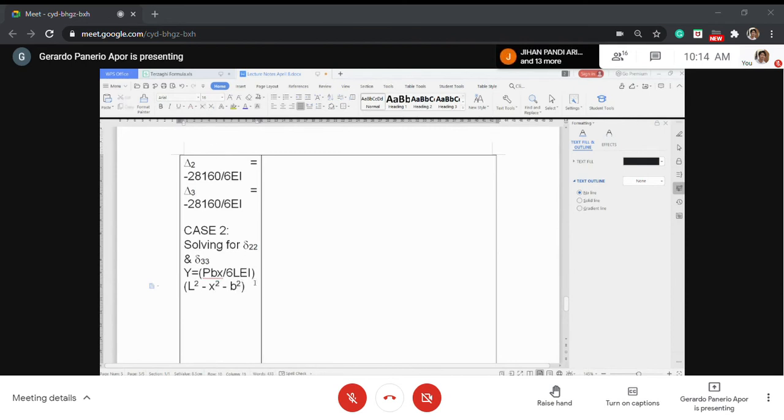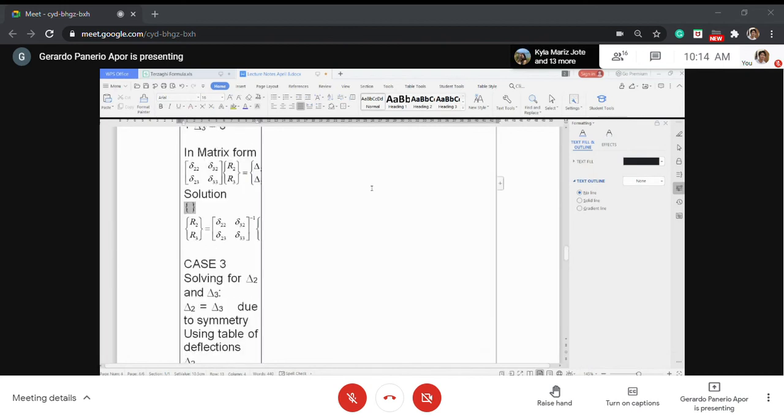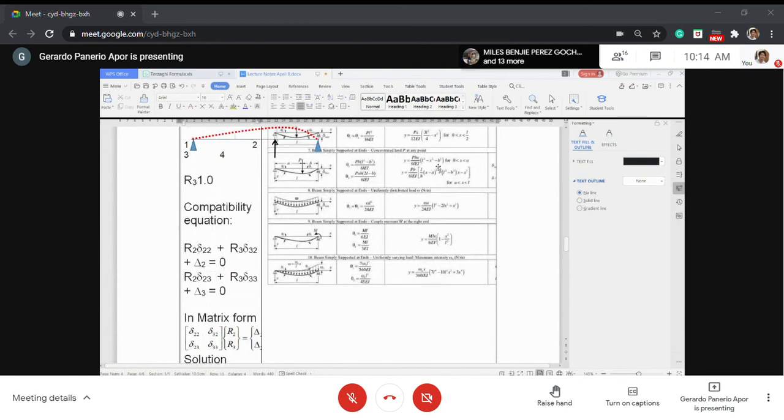Okay, so here we have A equals 4, L equals 12, and B is equal to 8. X is equal to 4. So we can use this now.